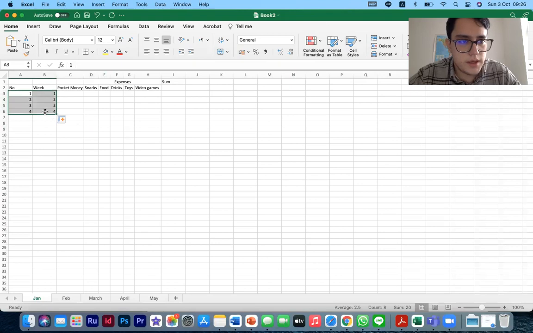We can make it center. So this is the number of the row, and this is the number of the week. This is each week. How much pocket money did you have?